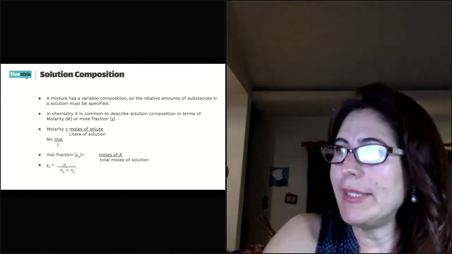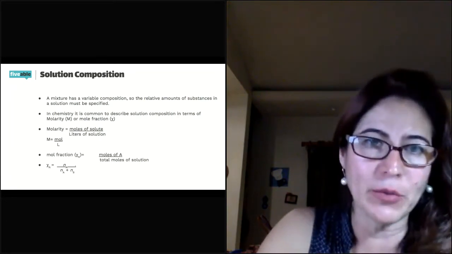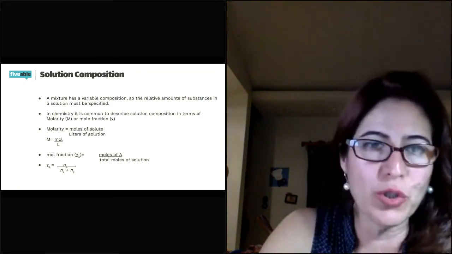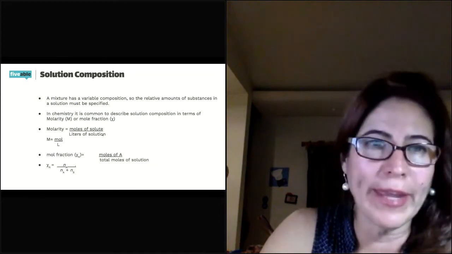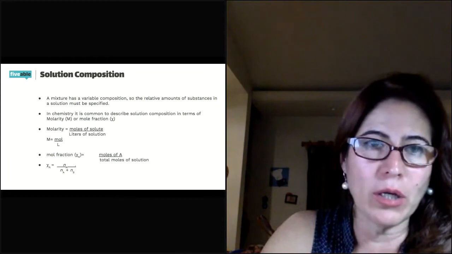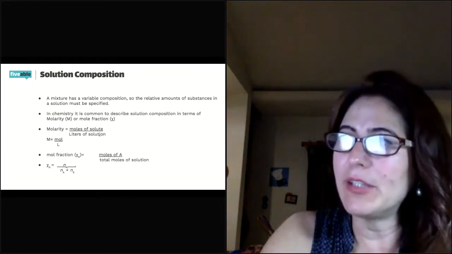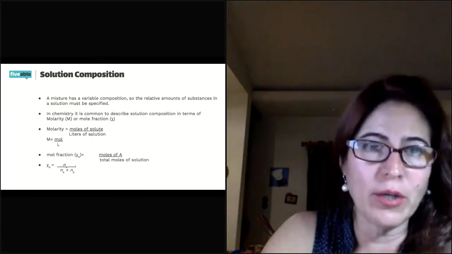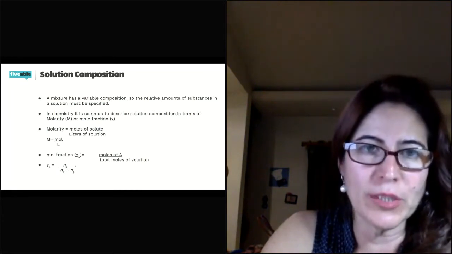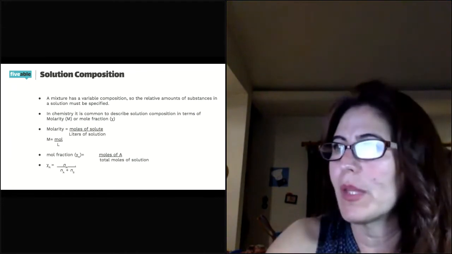Molarity is moles of solute, the one that is in the lesser amount, over liters of solution. And solution is the whole thing. For example, if we think of the molarity of seawater, the moles relate to the salt, and the liters relate to the water plus the salt, so the liters of the whole solution.